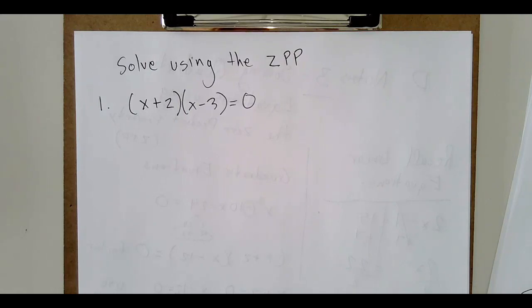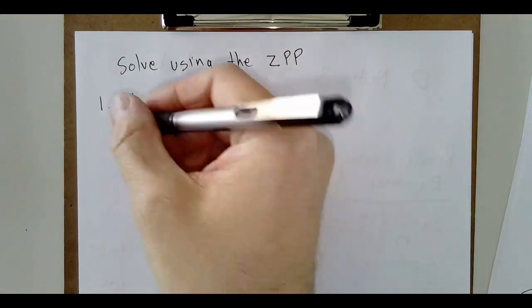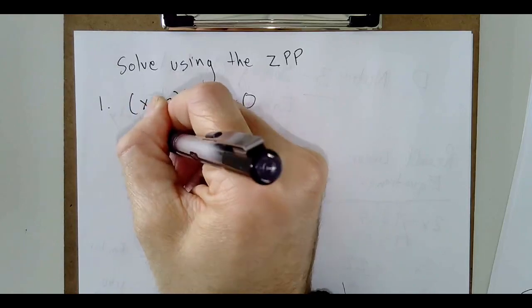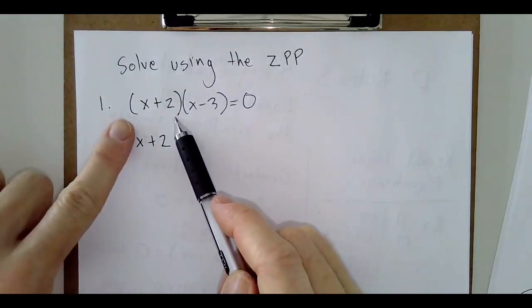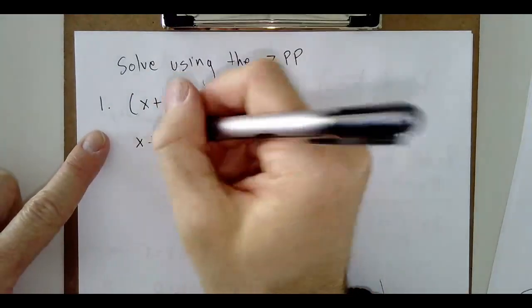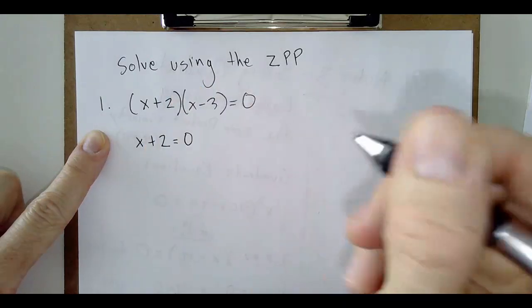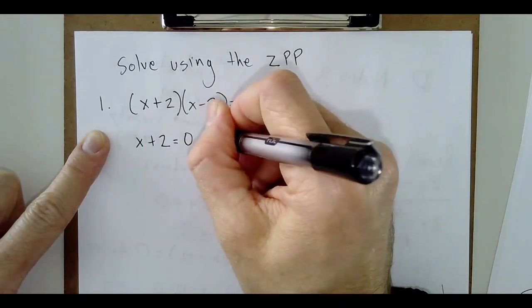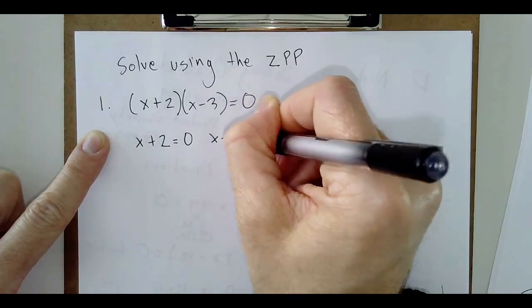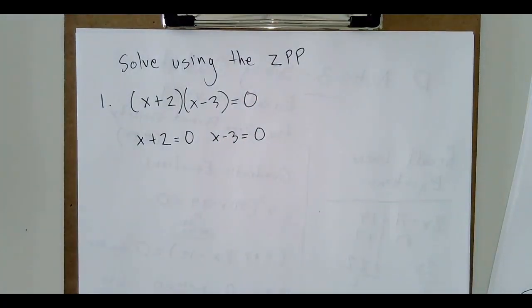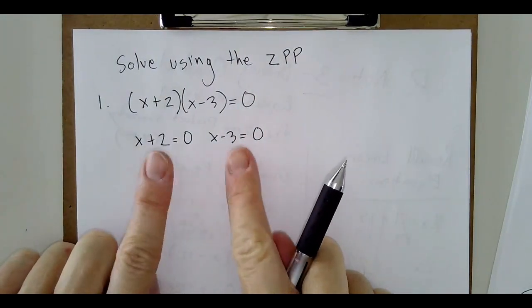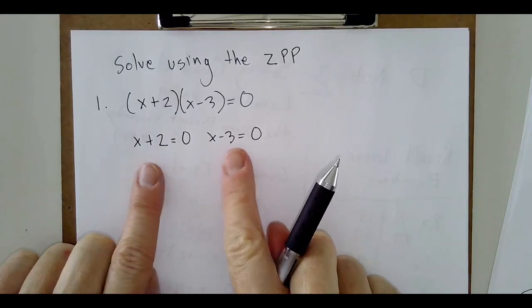It's just a fact. So therefore, that means that this factor, this value, must have been 0, or this value, the x minus 3, must have been 0. That's why we're doing that. If you don't understand the gist of what I'm saying, it's okay.